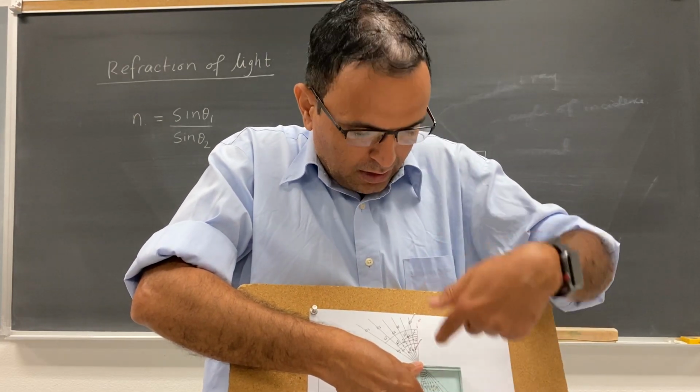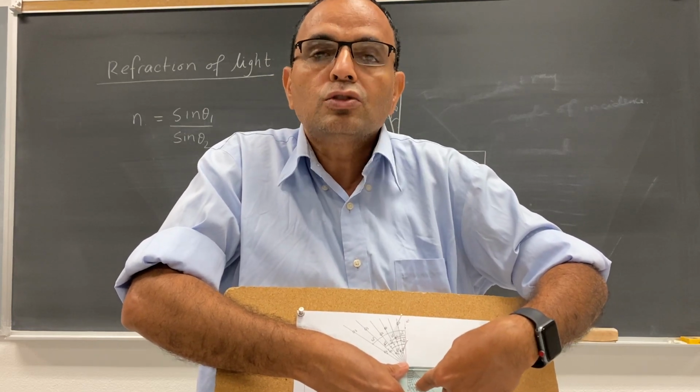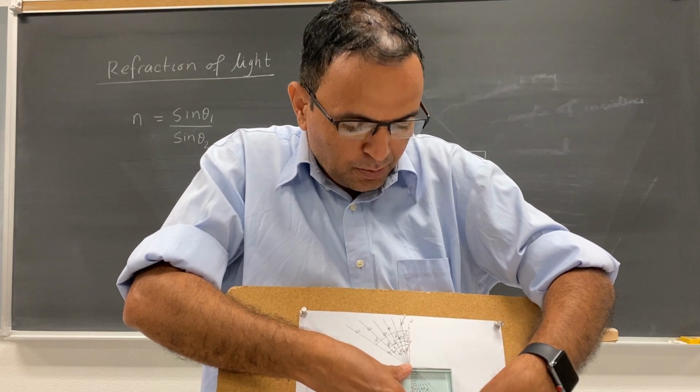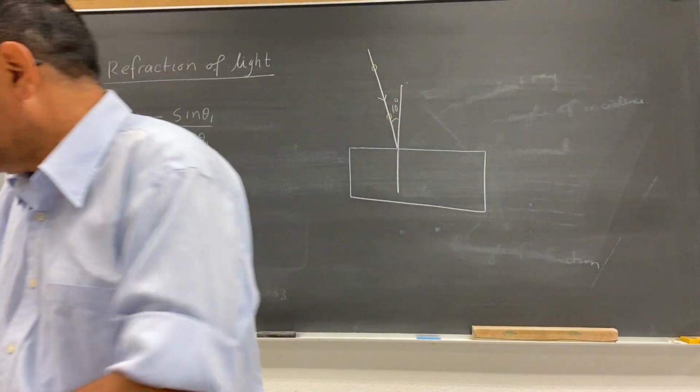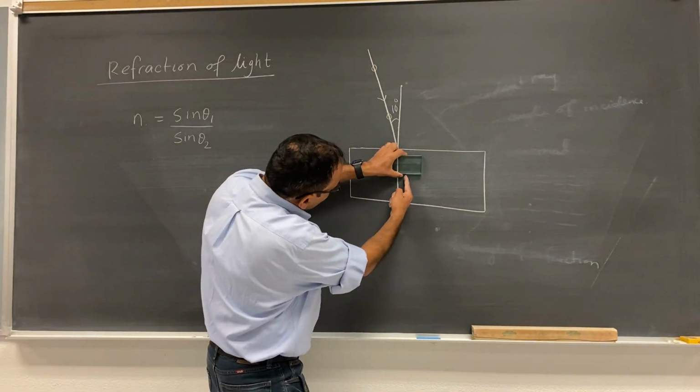They must be in a straight line. You look through the glass; refraction takes place there. So the third pin here, the fourth pin there. You keep the glass slab here and you look from this side.